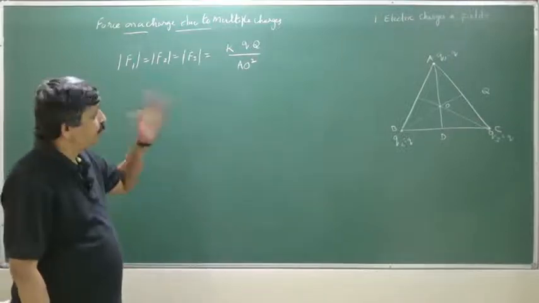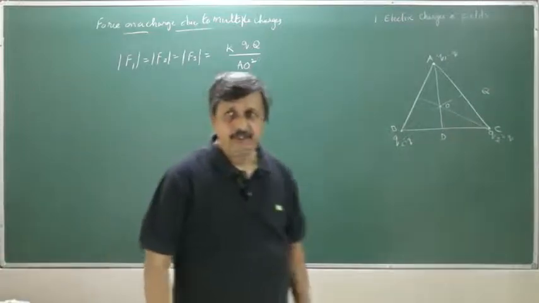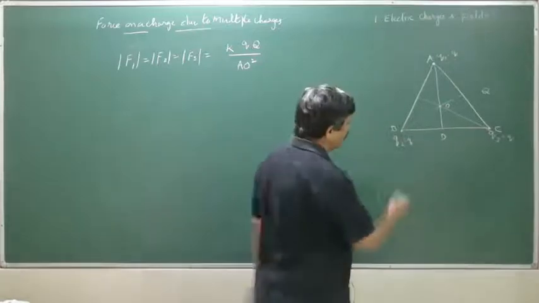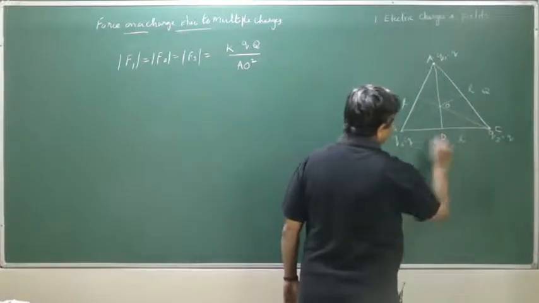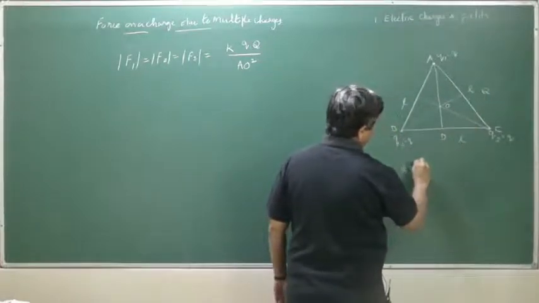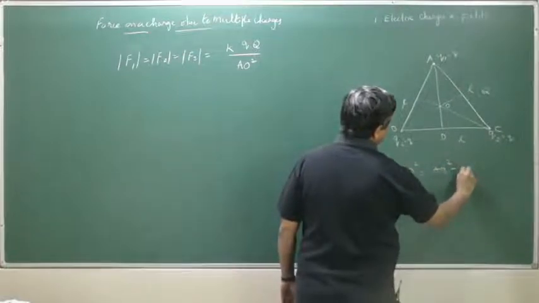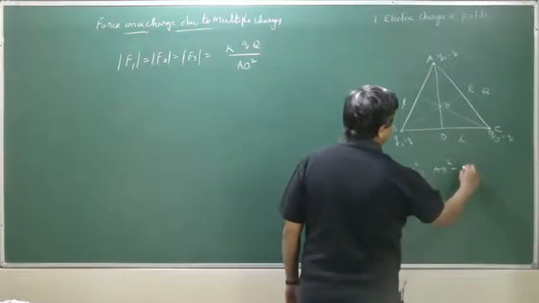So how much is AO, if we can calculate? We know these values. Let us calculate AD. This length is L, all of them are L. So AD square is equal to AB square minus L by 2 square.